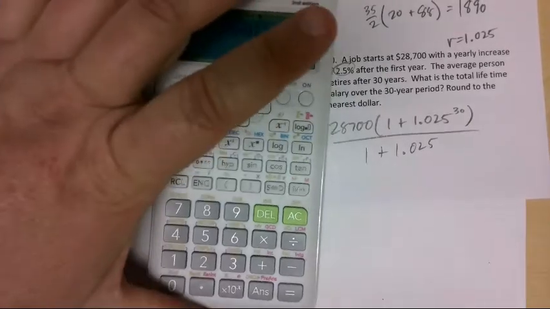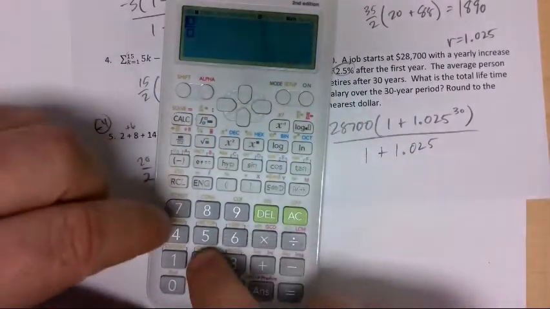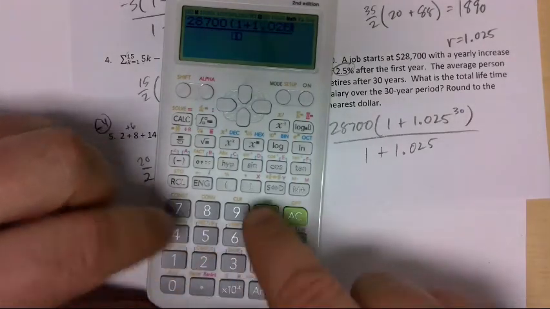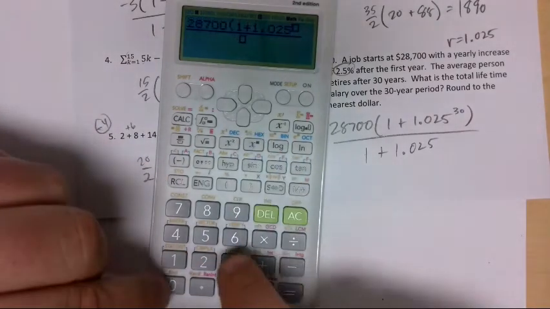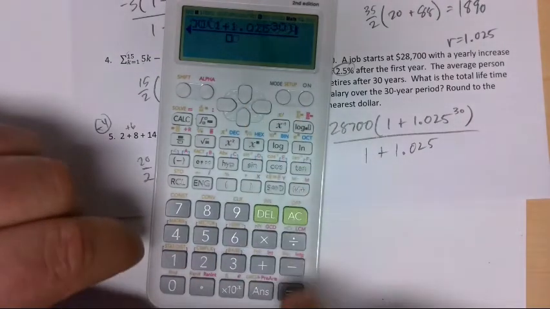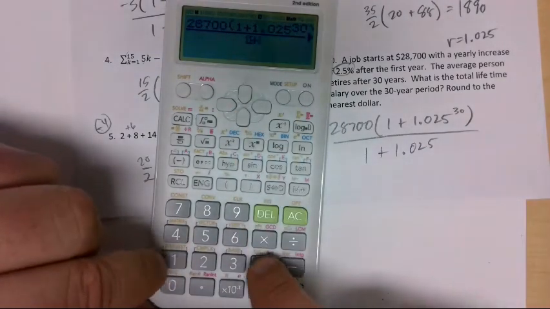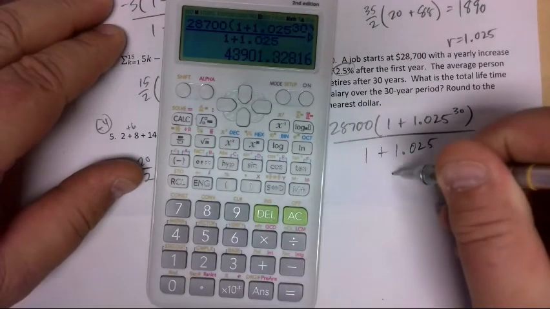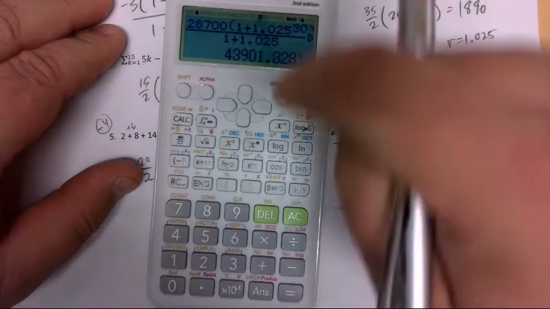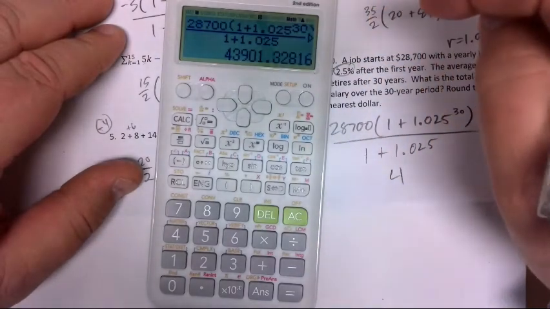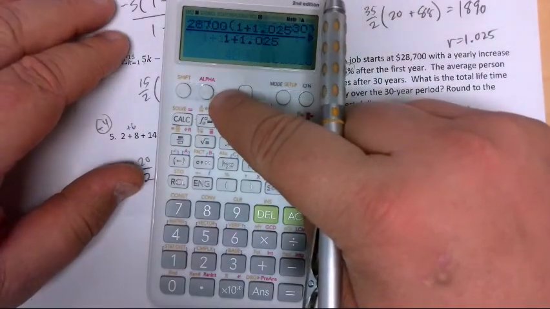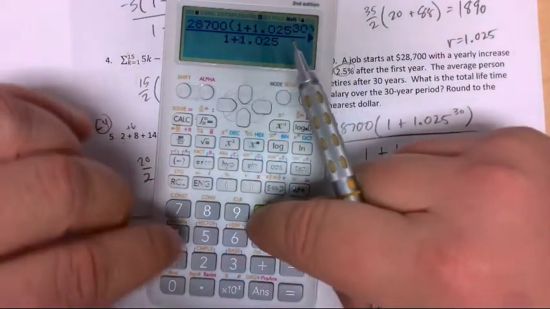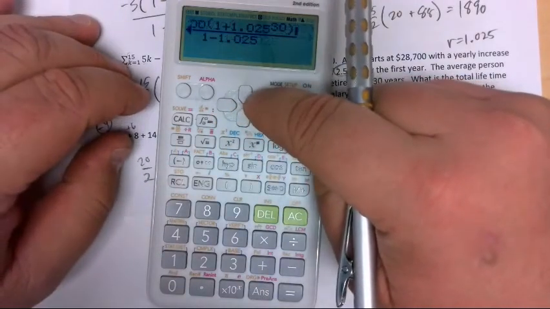Okay. 28,700 times 1 plus 1.025 to the power of 30, all over 1 plus 1.025. That gives me, that can't be right. Oh, there's my problem, dummy. I did plus in there, didn't I?